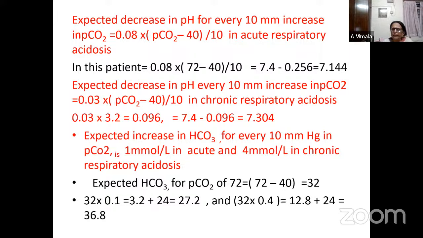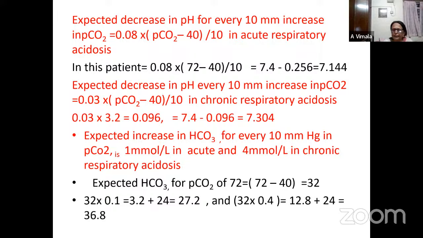Okay, so let us see what will happen if it's only chronic respiratory acidosis. We said in a chronic respiratory acidosis, the reclamation and regeneration of bicarbonate is complete. So the pH may be near normal. It will not fall significantly. And the formula is, instead of 0.08, it drops only by 0.03 into PCO2 minus 40 divided by 10.